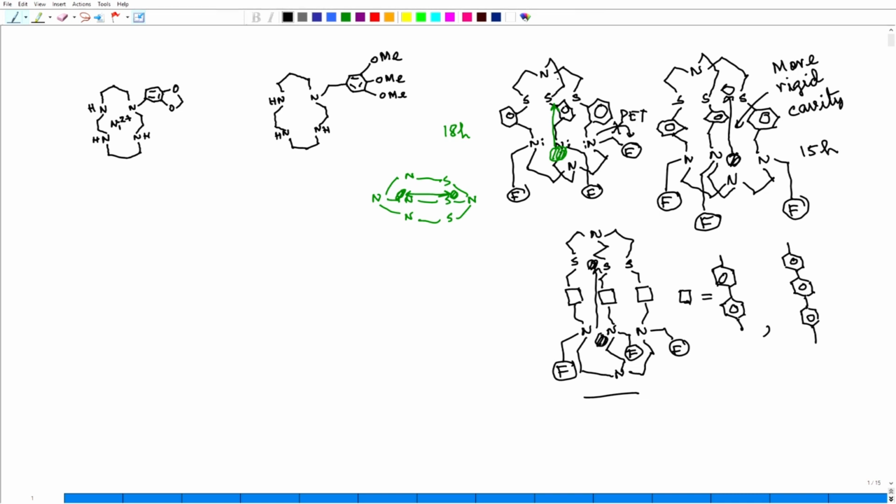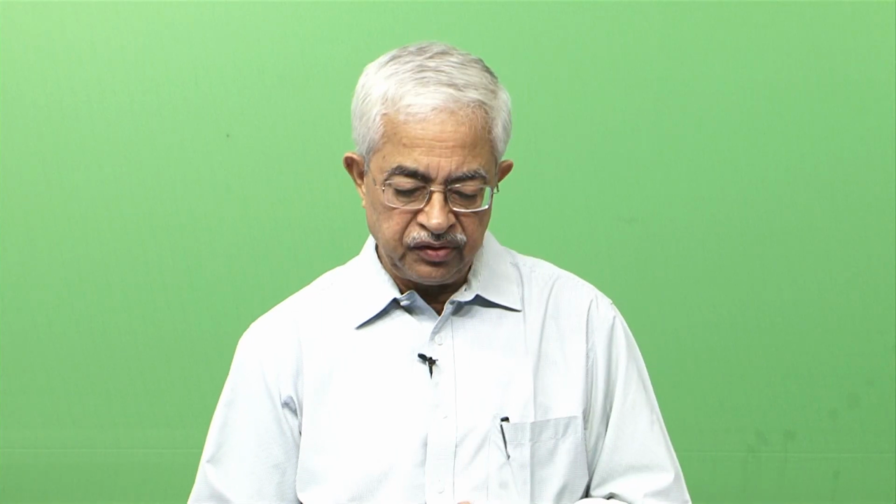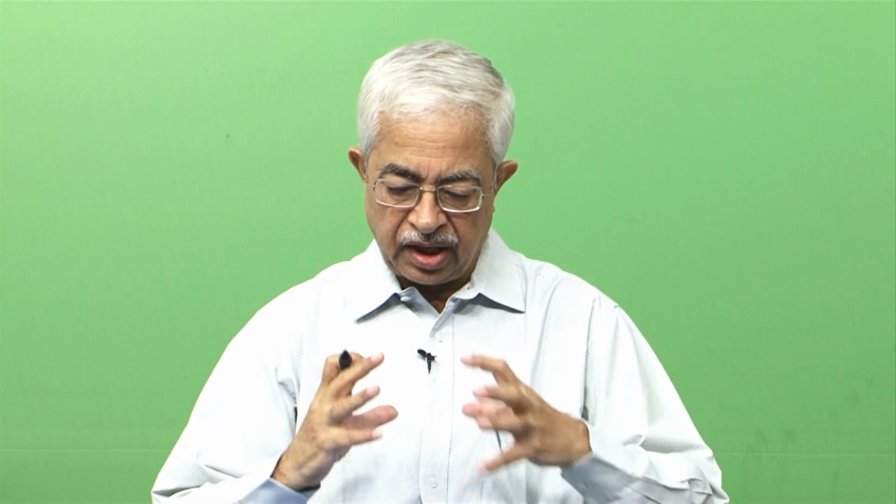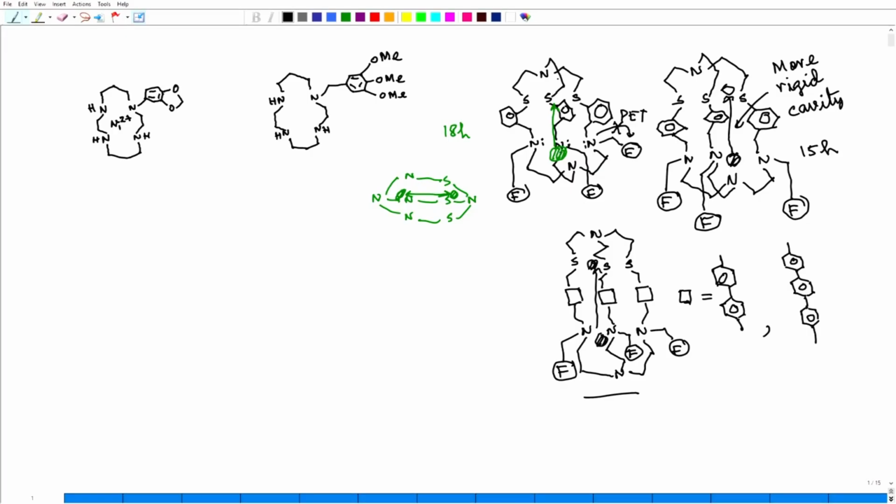This cyclam likes to bind nickel 2 plus very well, because they are matching, okay. Size and shape are matching with nickel 2. So, when nickel is 2 plus, then this one is up out here.